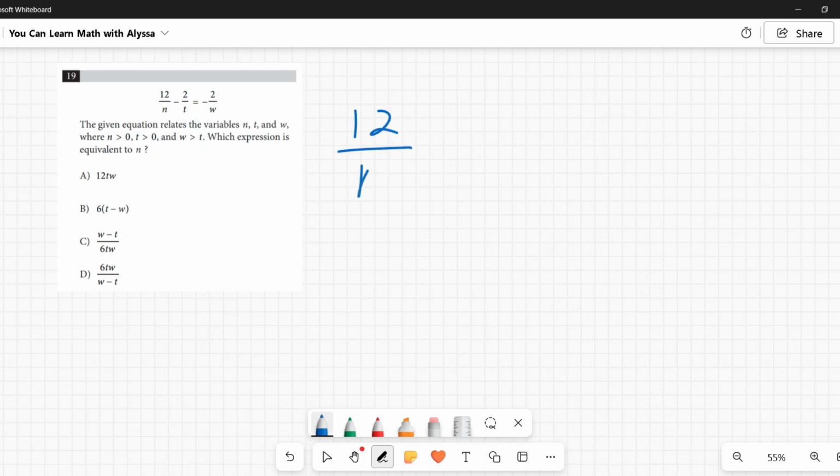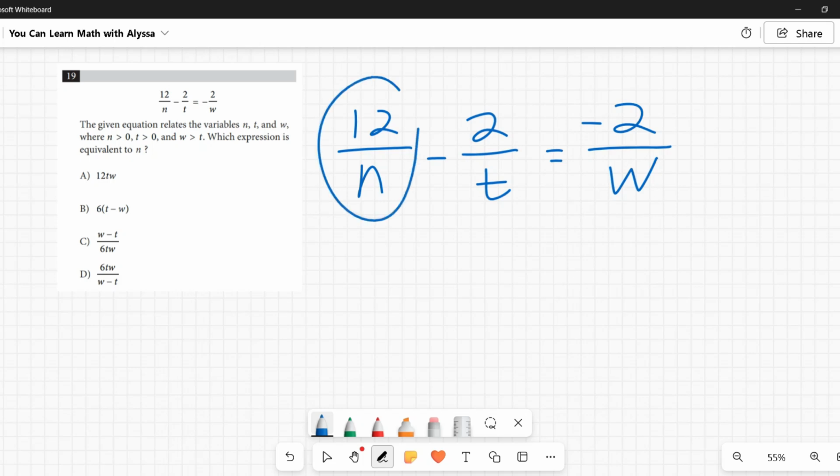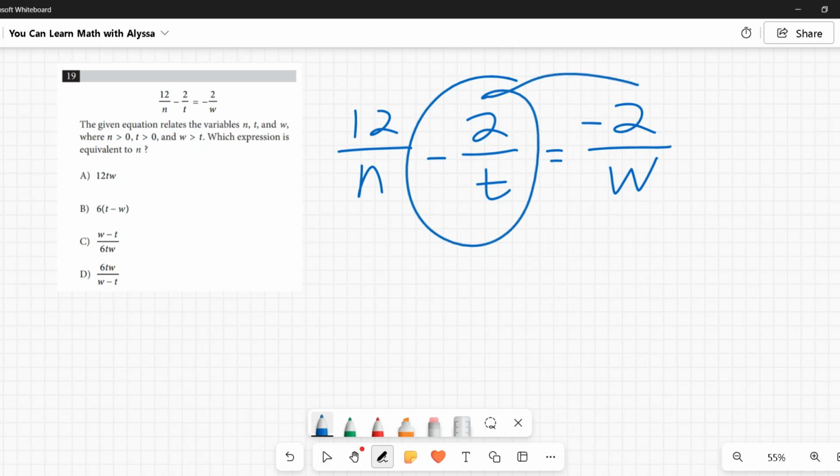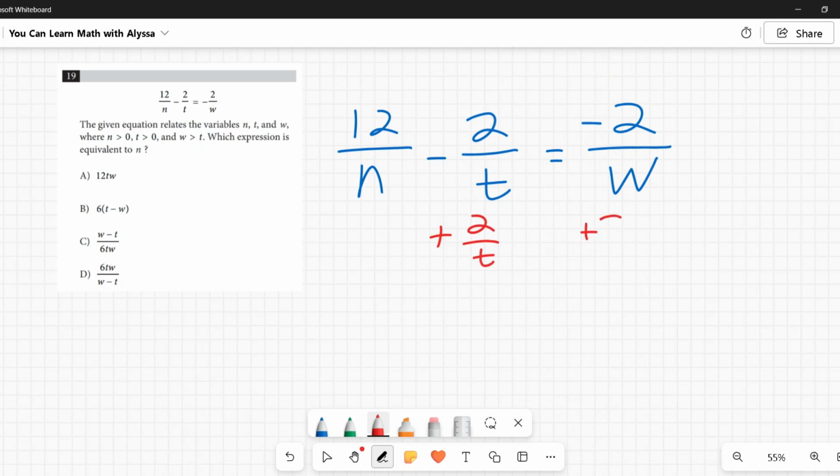Okay, so here is my preferred way to do it. 12 over n minus 2 over t equals negative 2 over w. I like to get the little n fraction by itself first. So I'm going to move this over to the other side. It is minus 2 over t, so I'm going to add 2 over t to both sides.